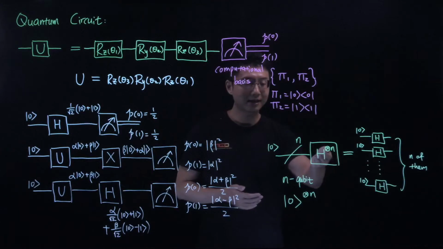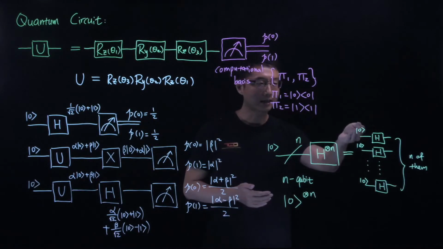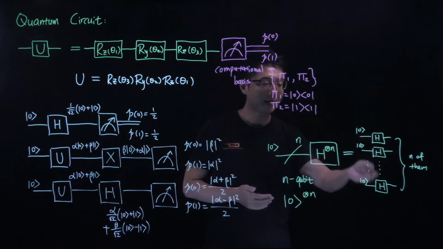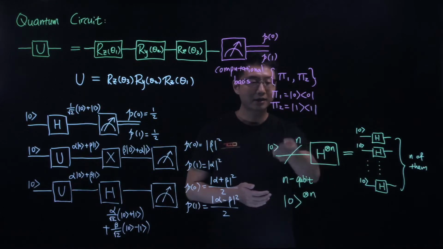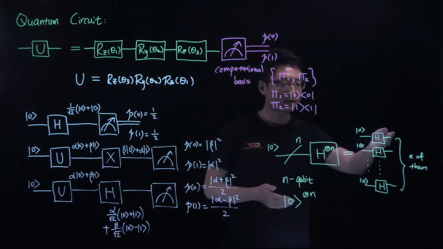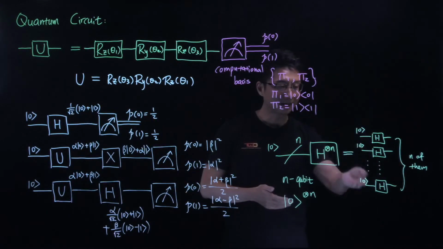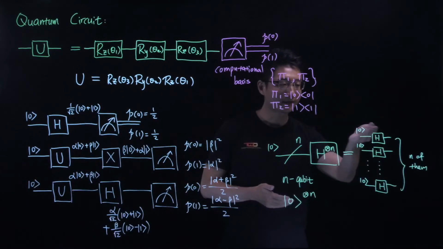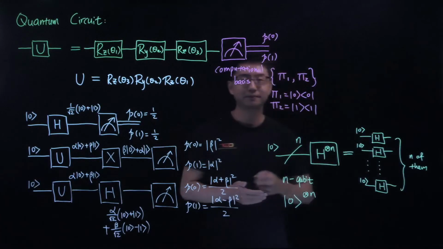And similarly, H tensor n means n Hadamards being applied on each of the qubits independently. So this is simply a shorthand notation for this circuit shown over here, where we have n wires, n lines, each of them representing a qubit initialized in 0, and each of them is acted on by a Hadamard.